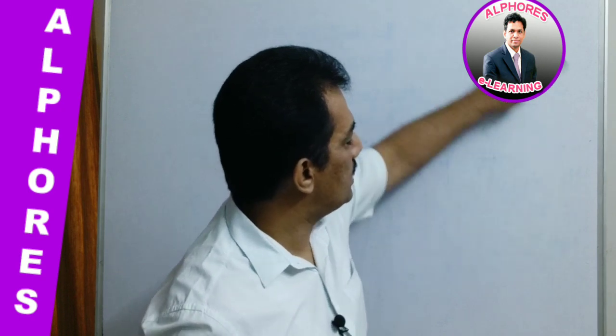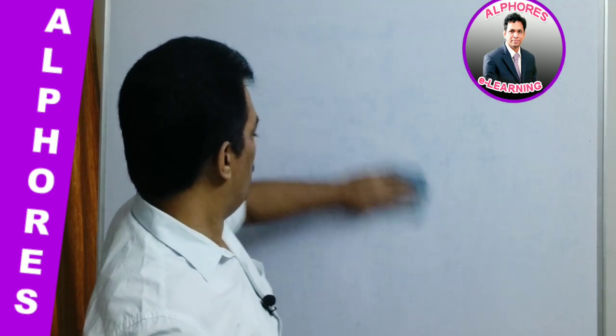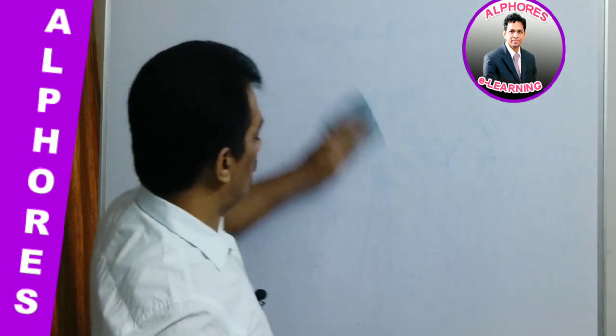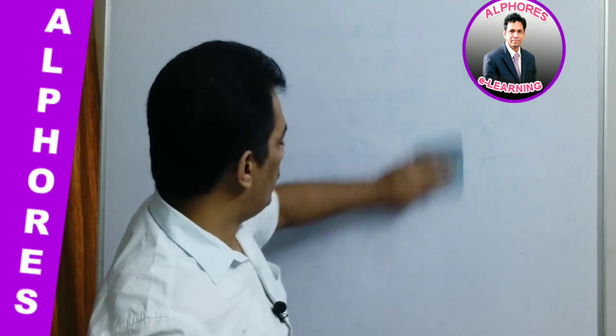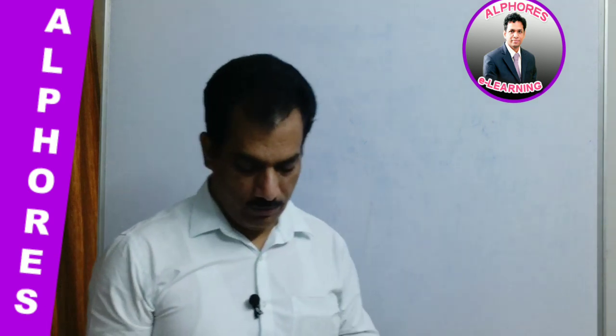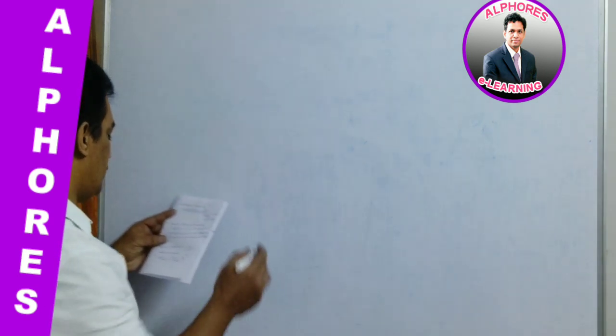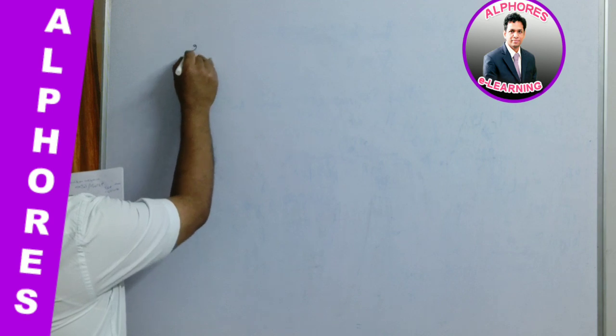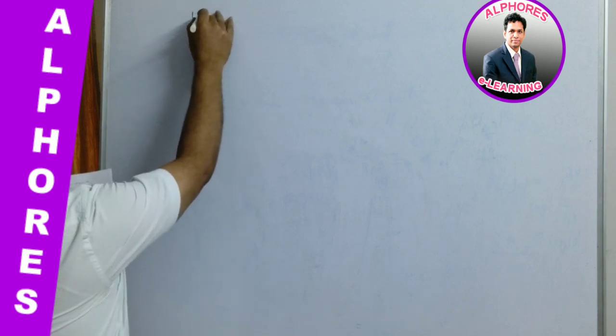What is a concentration cell, how to measure the EMF of the concentration cell, and what are the applications of the concentration cell will be discussed in the next session after this. And now you write the numerical for the second question. The first question we already discussed just now.